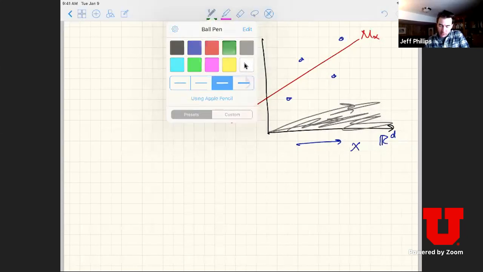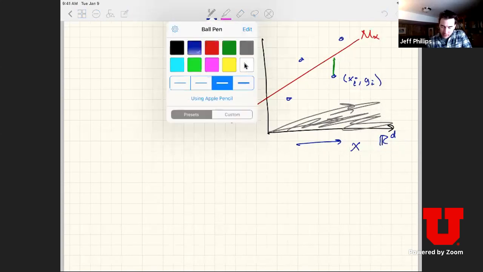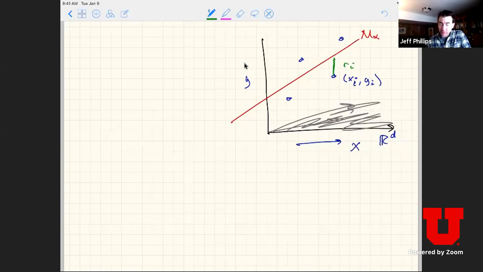So the coordinate here is xi, yi. In this case, this would be the residual, a vector from yi hat by the model. This is m alpha of xi, right?